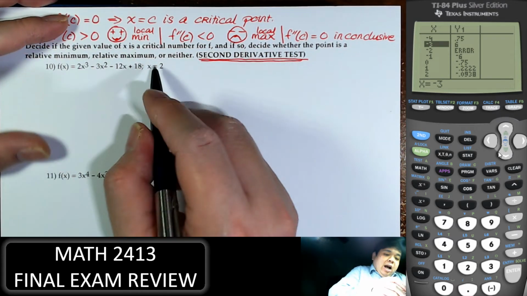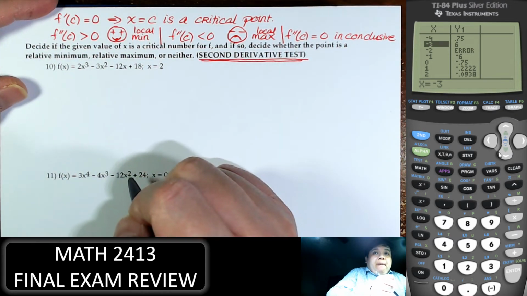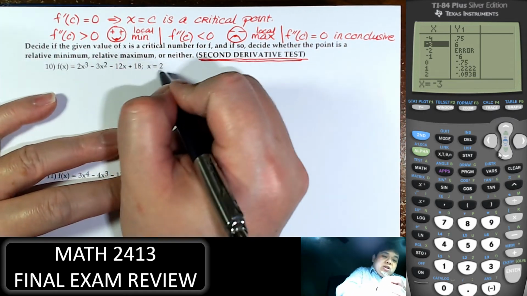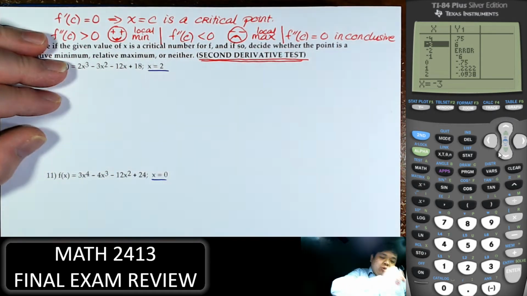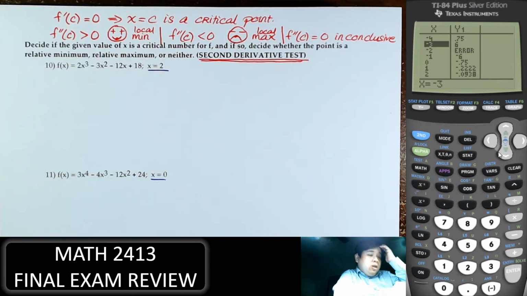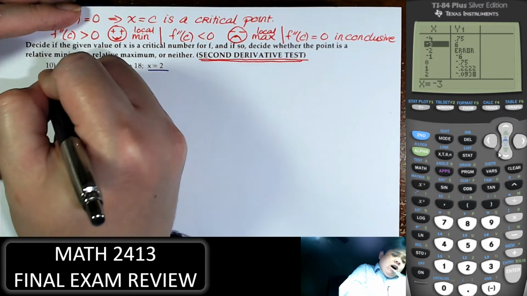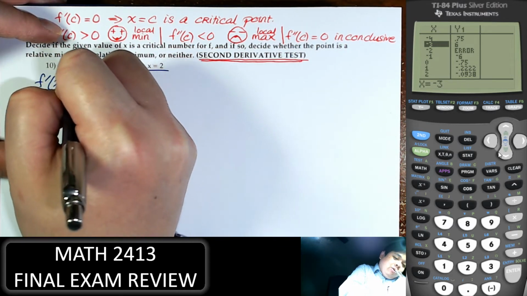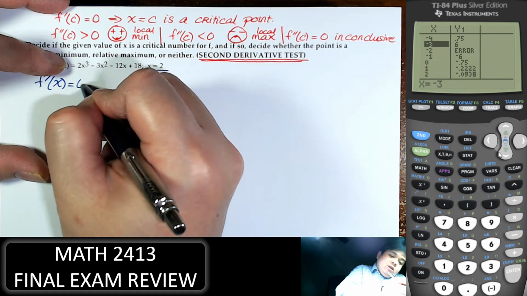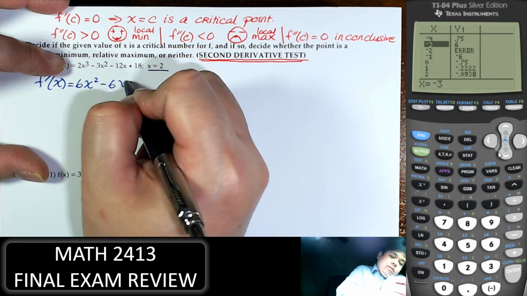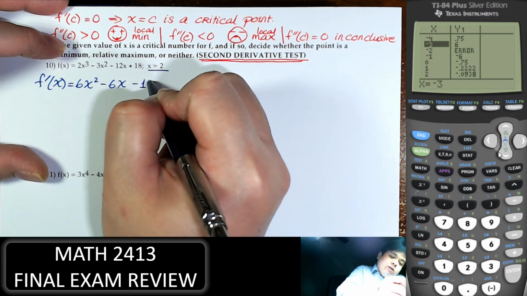So we are given the point, so we're just going to test. We don't have to find the point. We're just going to test x equal to 2 for that function, x equal to 0 for this function. Simple enough. First we do need the derivative, and then the second derivative. Derivative is 6x squared minus 6x minus 12.